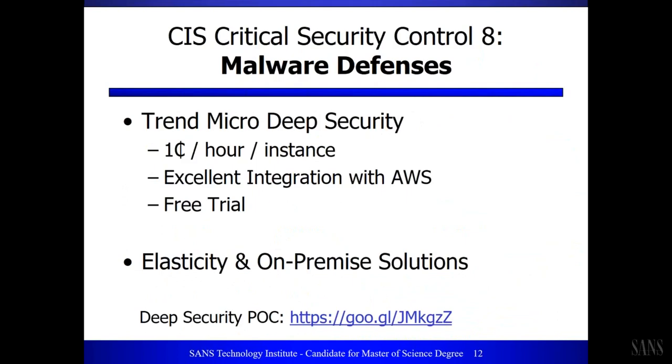You can certainly use most on-premise anti-malware solutions in the cloud, but if your EC2 instances are short-lived, the anti-malware management portal may become quickly cluttered with agents that are no longer phoning home because the instances were terminated.